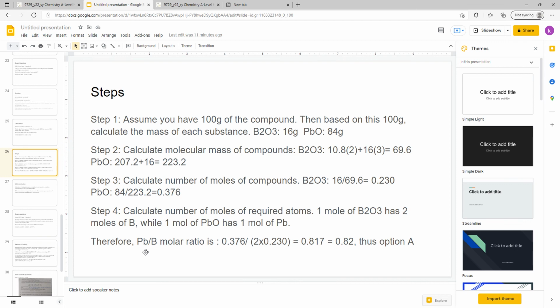Therefore, the Pb to B molar ratio would be 0.376, followed by 2 times 0.230. 0.230 is the number of moles of B2O3, which gives 0.817, which is approximately 0.82. Thus, option A is correct.